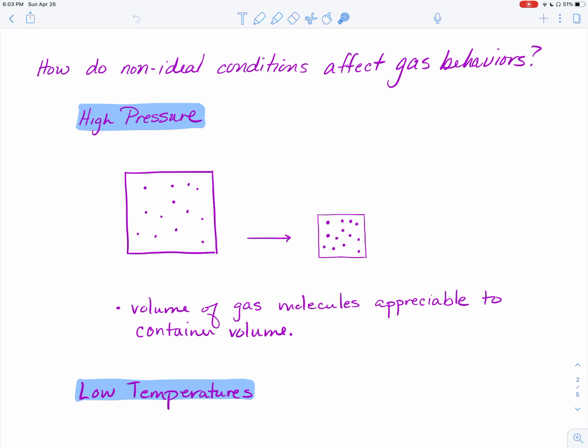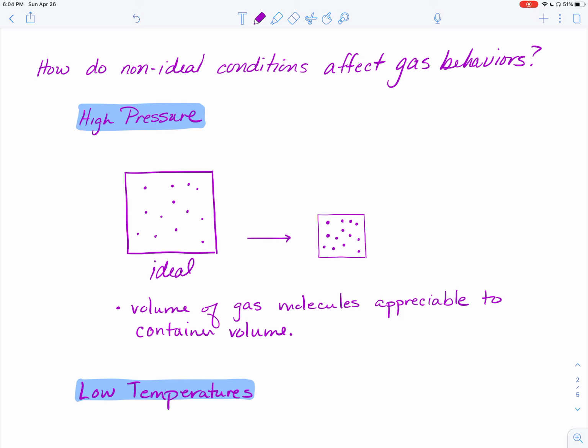The first one is high pressure, and how that affects the gas behavior. If you take a container of a gas, say this is a gas in ideal conditions here, and then we take the volume of that container and compress it down to about the volume you see here.